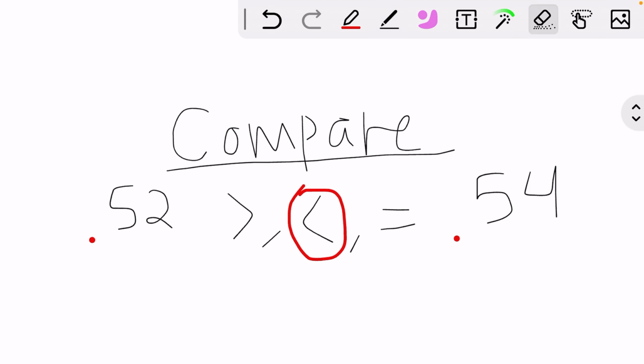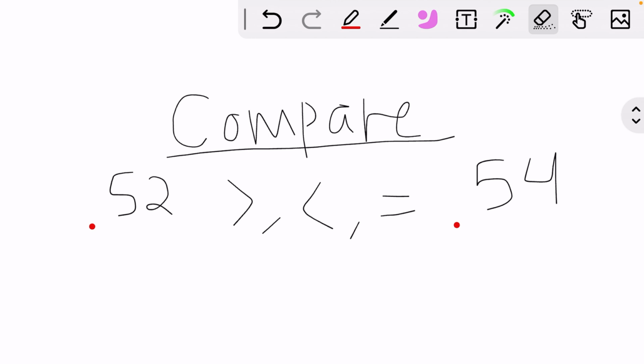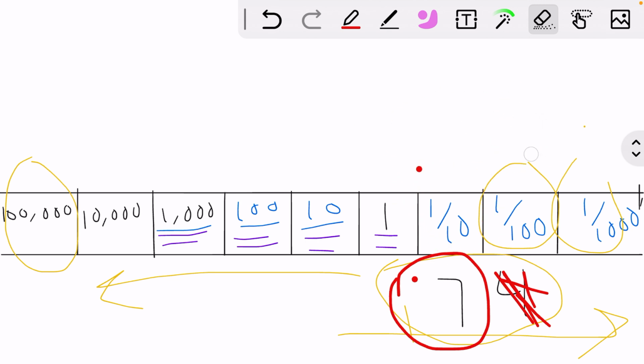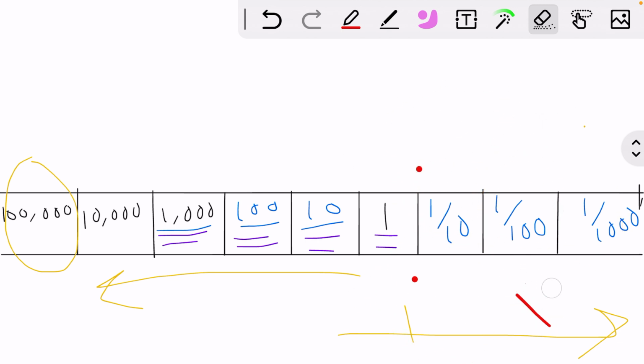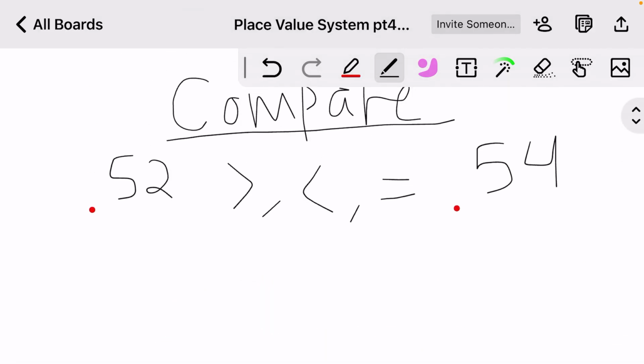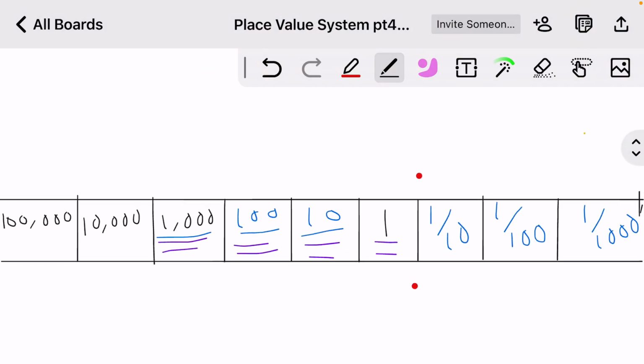We have to compare: is 0.52 greater than, less than, or equal to 0.54? Again, let's refer back to our place value grid to help us understand how to compare these two. We have 0.52 and 0.54.